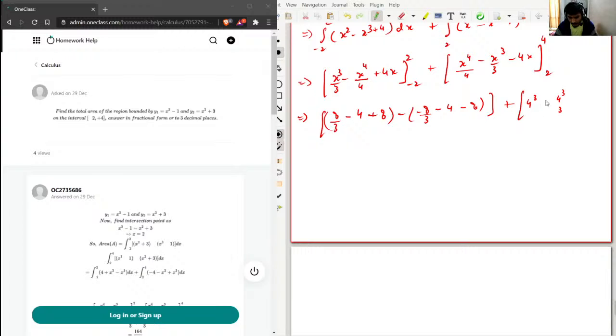Where are my minus plus signs? Yep, so this was minus 4 cube over 3, and this will be 4 for the 16, minus, then here is again this will be 4, minus 8 over 3, and this will be minus 4 to the 8.